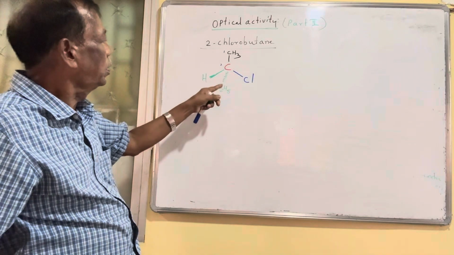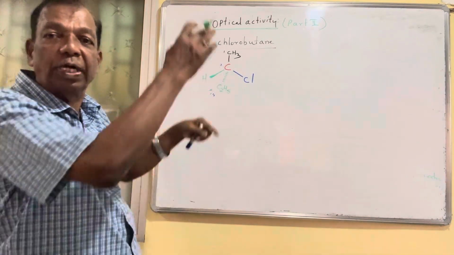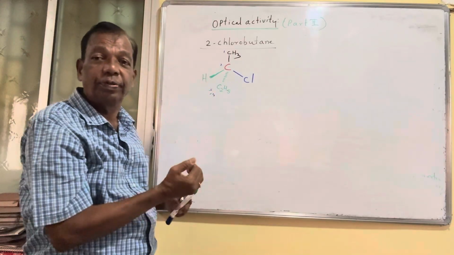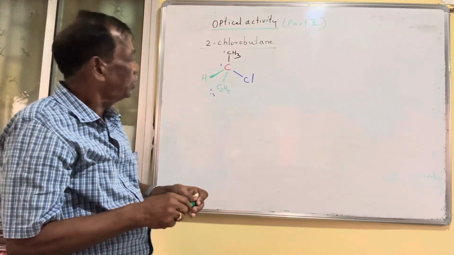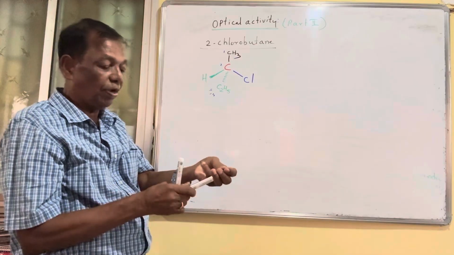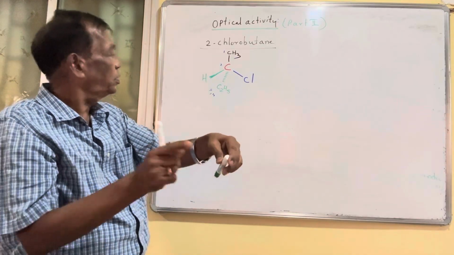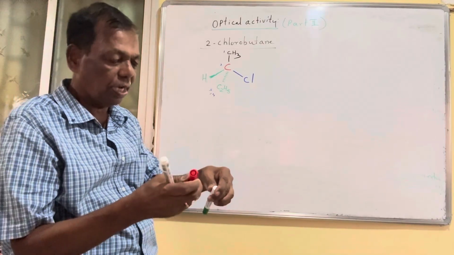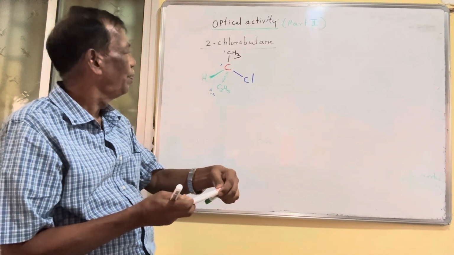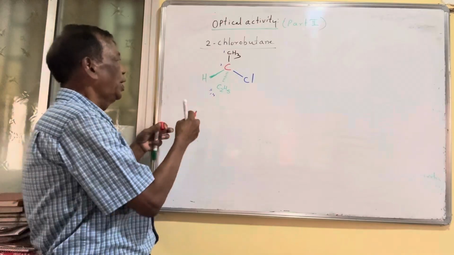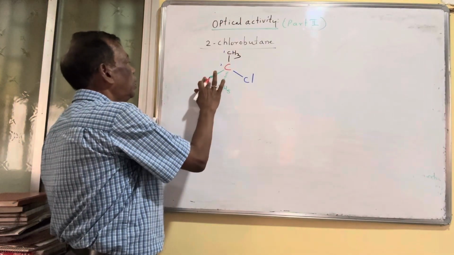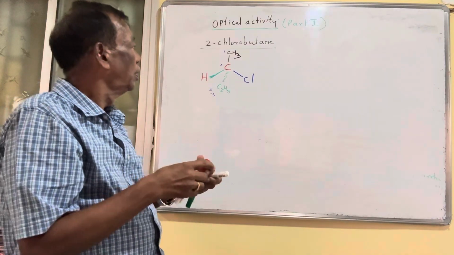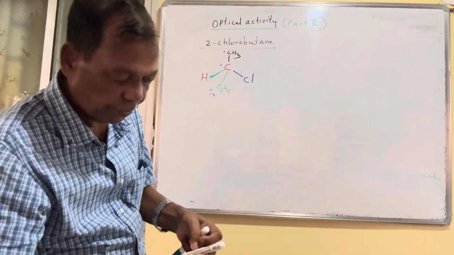Now this chlorine and this methyl group, they are in the plane of the board, and this is away from you. So I'll show that like this. This is C2H5. This one is carbon, so I'll call this side methyl. I'll put H here so that this color is also red, so you can follow what I'm explaining.